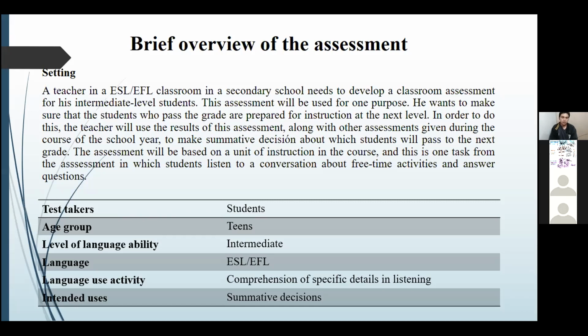The target language is ESL or EFL, English as a second language or English as a foreign language. The language use activity is the comprehension of specific details during the listening, and the intended use is to make some summative decisions. Next slide.